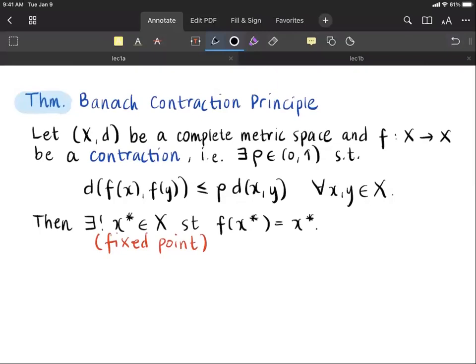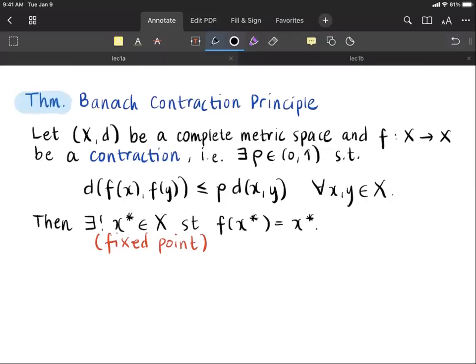Second, a contraction is also what we call a Lipschitz function, and in this case, the Lipschitz constant is the number rho. In this way, all contractions are continuous. For instance, in the epsilon-delta definition, if you have an epsilon, then you can choose delta to be epsilon over the constant rho.